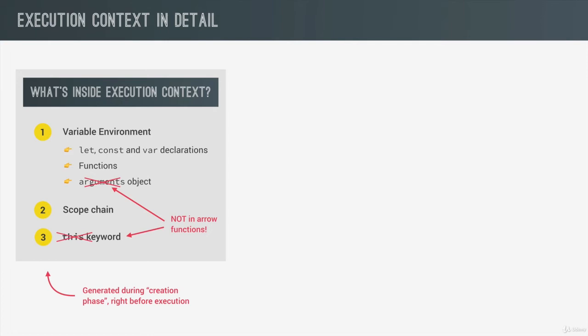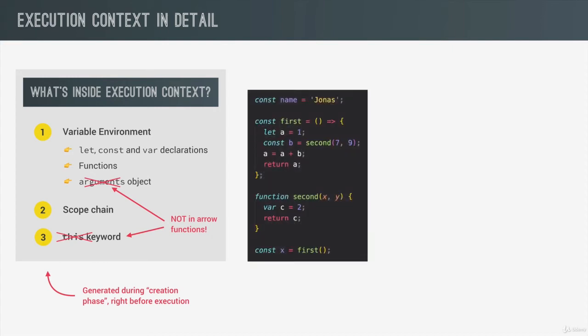So these are the things that are necessary to run each function, as well as the code in the top level. Now behind the scenes, it's actually even more complex, but I think we're fine like this, aren't we? And now let's actually try to simulate the creation phase for this code example here. So, as you hopefully know by now, we will get one global execution context and one for each function.